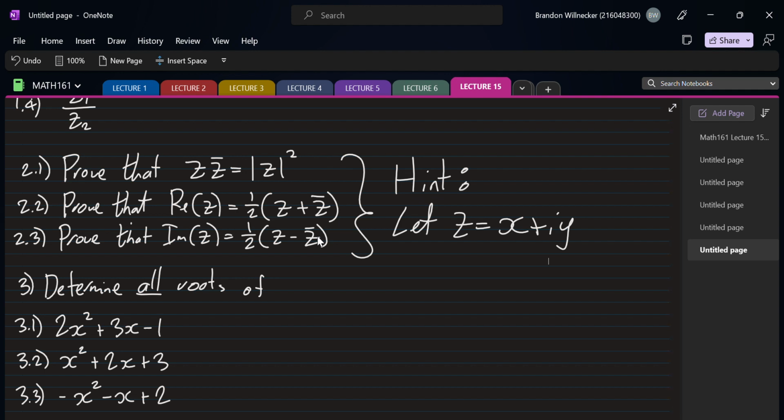So the definition of the real part and imaginary part, the definition of complex conjugates, and lastly the definition of the norm or modulus. Use the definitions, substitute this for z, and then that should be pretty easy to show. Again, this will be due on the Thursday before you start the assignment.